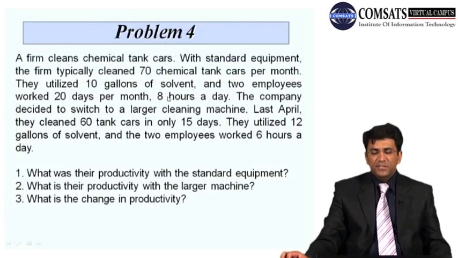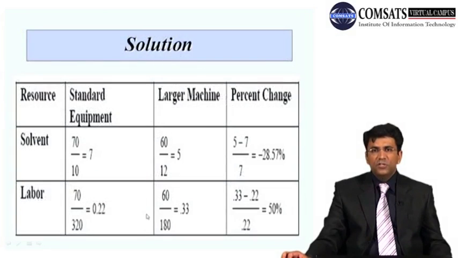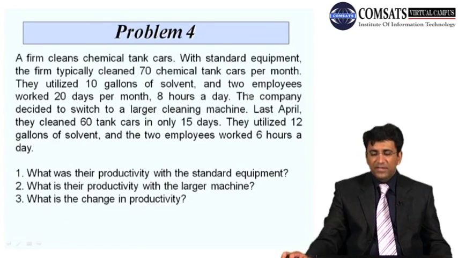Now students, if you are interested to calculate the labor productivity, in this particular case the output will remain the same before and after the use of that larger machine. So with the use of standard equipment, the output is 70. And what is our labor hours? You can calculate the labor hours because the information given in this example is that 2 employees worked 20 days per month and 8 hours a day.